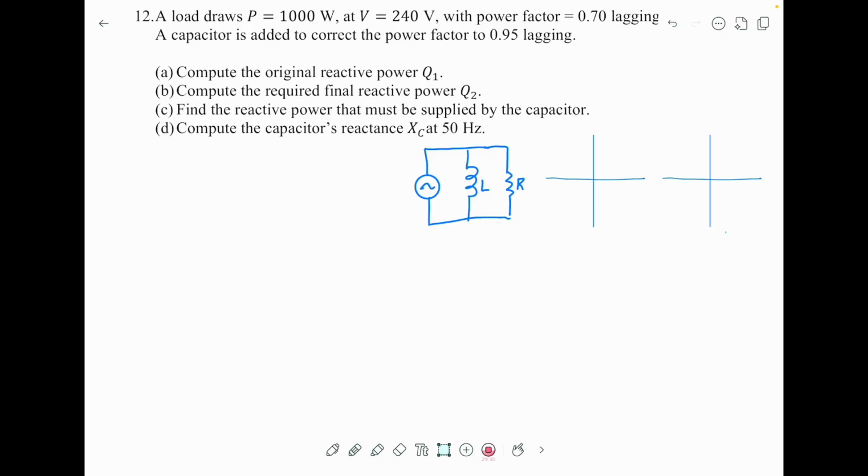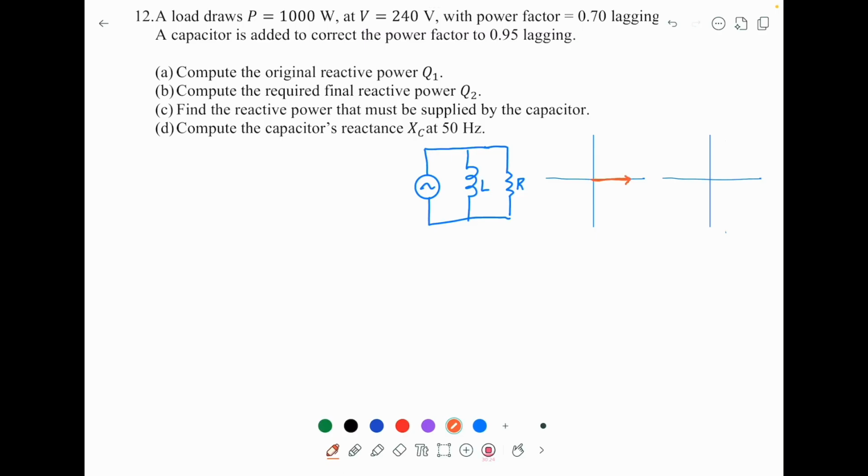We assume this circuit is about a motor. We can model the real motor as a parallel of a resistor and an inductor. So I can draw the voltage along here. This is the common voltage.